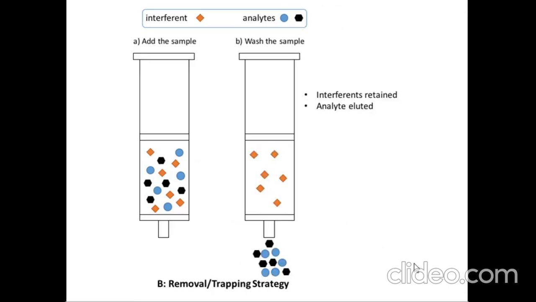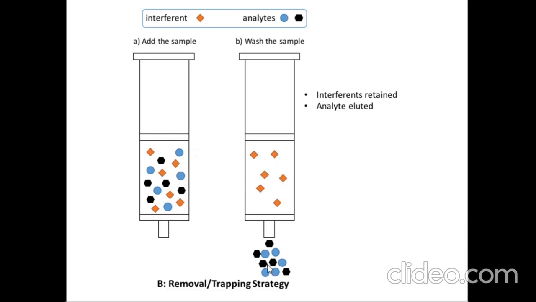Now the second strategy is the removal or trapping strategy. You can easily make out the difference between the two strategies. In the first, it is binding of the analyte and elution of the analyte, and in the second strategy it is elution of the analyte first, and at the same time the interferents are bound to the sorbents.